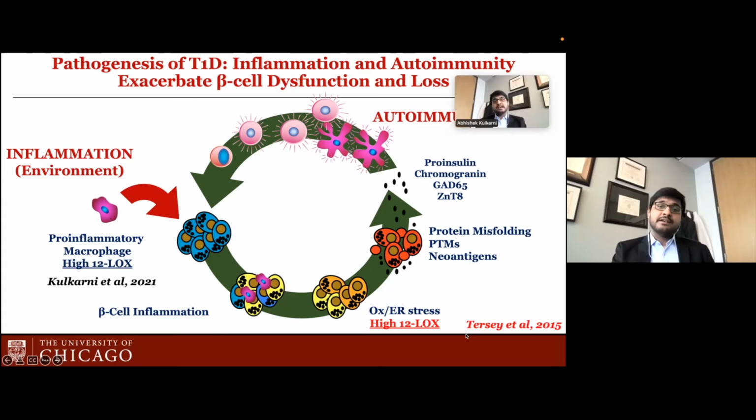Previously, we have also shown that higher 12-LOX activity promotes oxidative as well as ER stress in the islet cells. In this particular study, with a beta cell specific knockout of 12-LOX, we show that there is induction of integrated stress response in the beta cells. And this in turn suppresses PD-L1 levels. Due to suppressed PD-L1, it further promotes autoimmunity, leading to destruction of the beta cells.